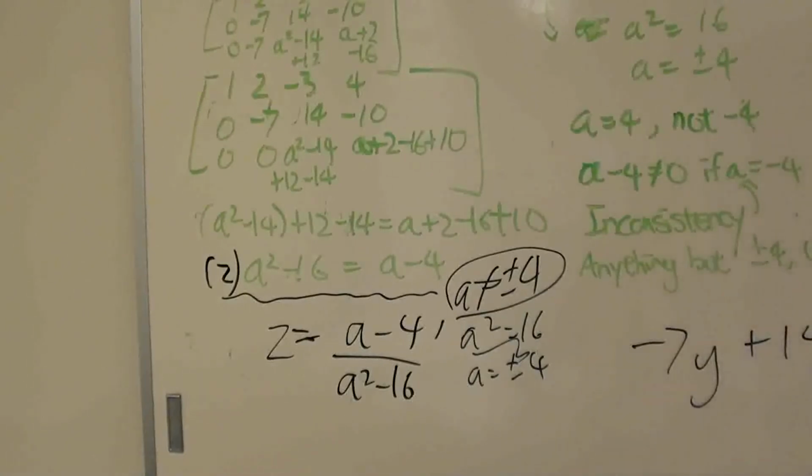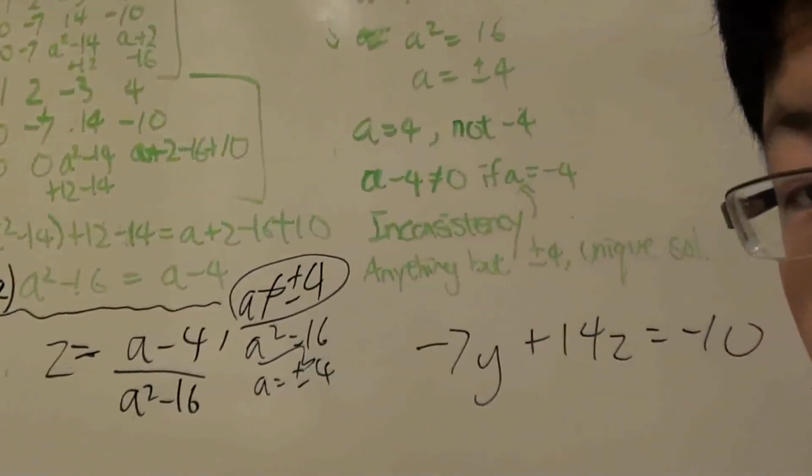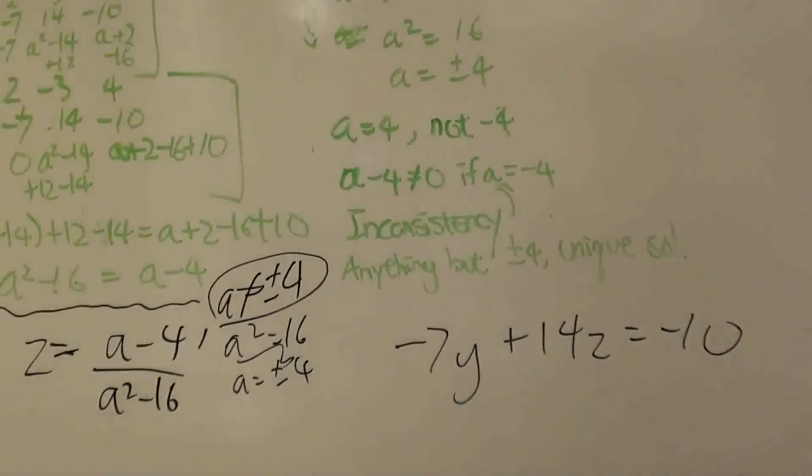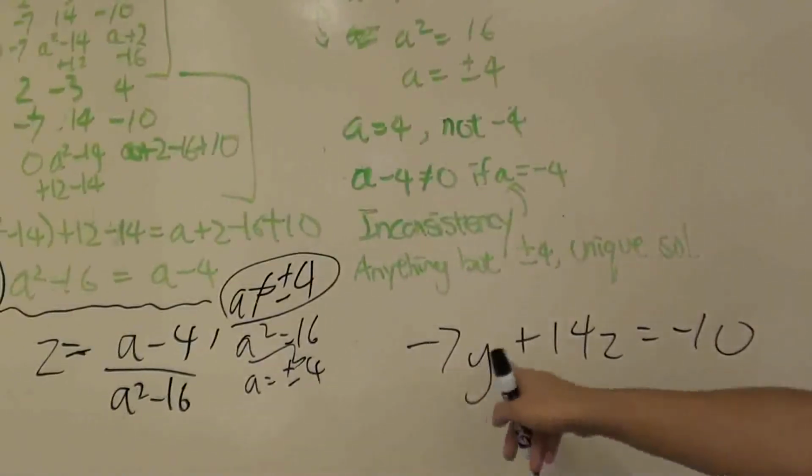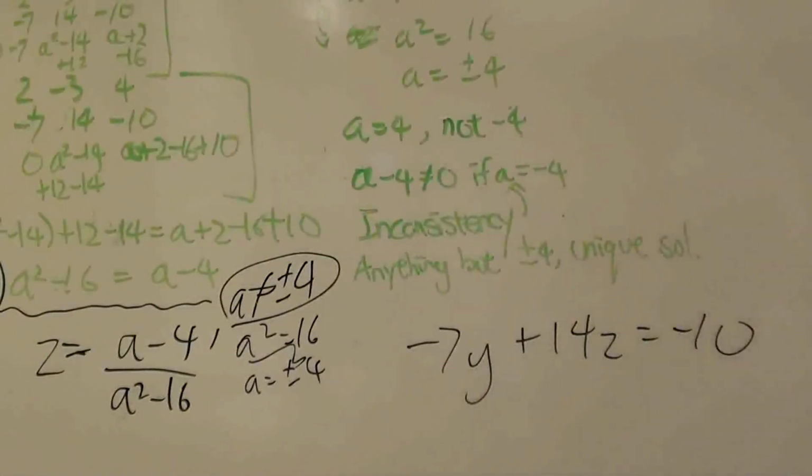For sanity's sake, let's, oh no, we can't reduce it. I thought we could, 7 and 14. But technically it looks horrifying, but we can do it.